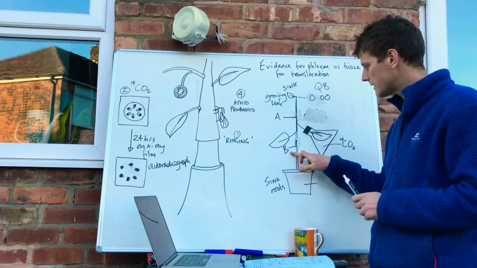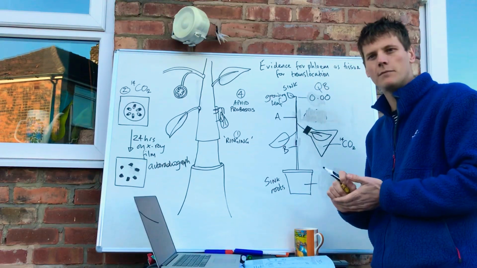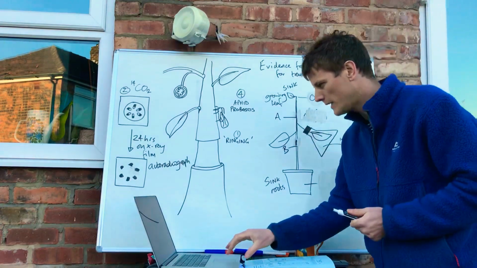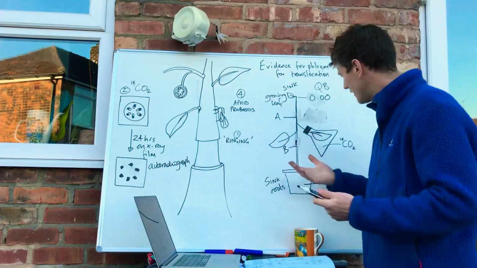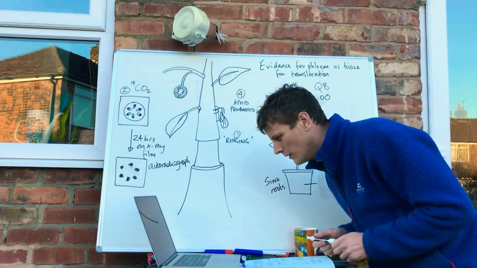Now, to answer that question, you may need to look back at the mass flow video that I made earlier on in the week, because it's basically a question about mass flow and the mass flow theory.